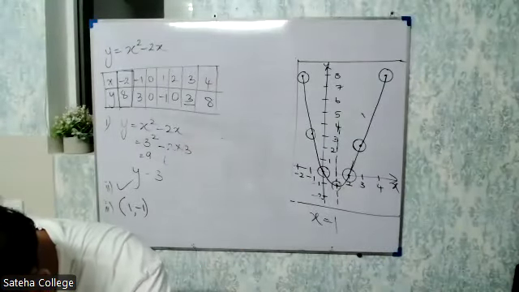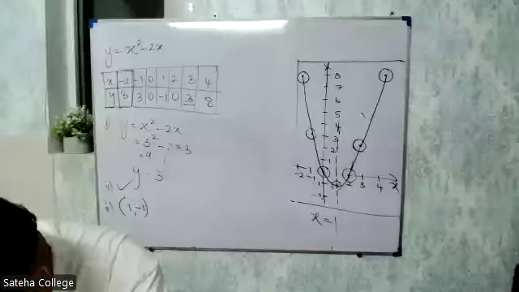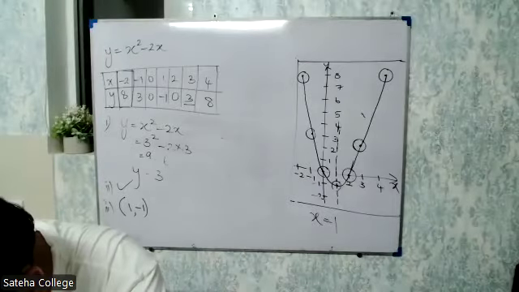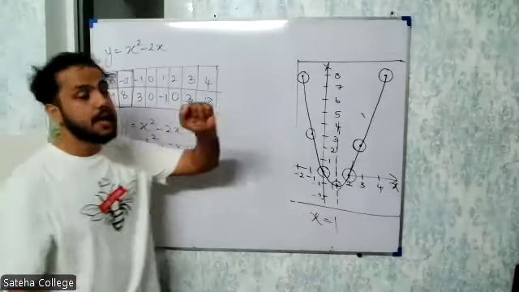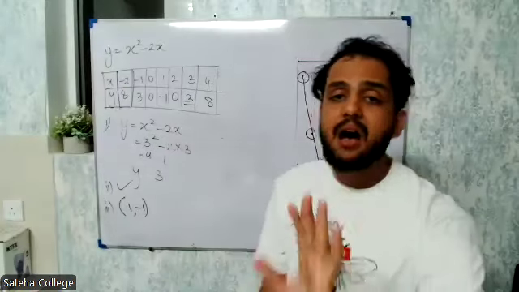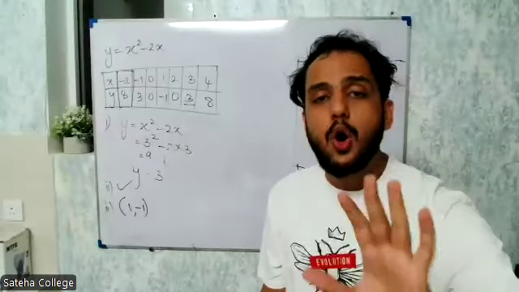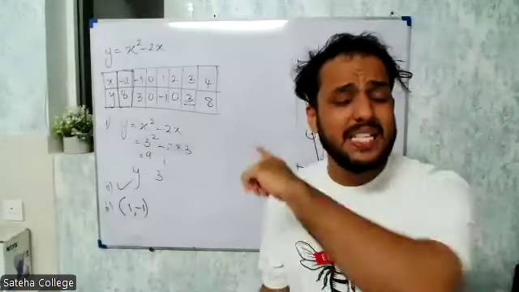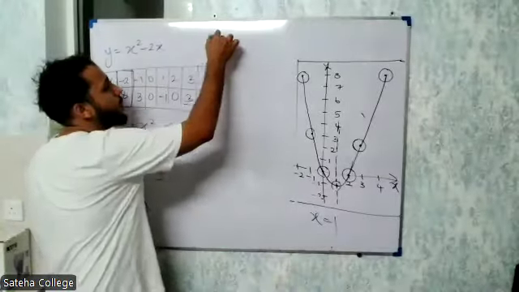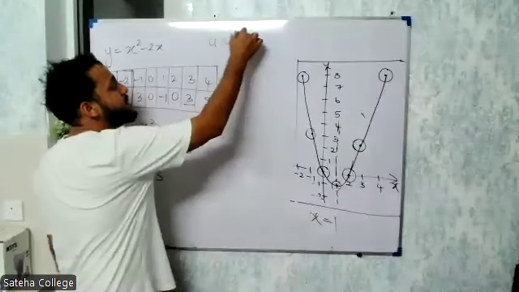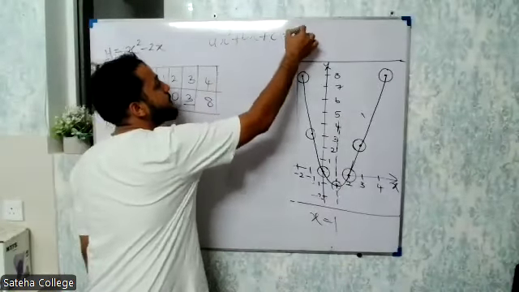Next, express the given quadratic function in the form y is equal to (x minus a) squared plus b, where a and b are two numbers, right guys? Now, the graph is usually drawn from the basic quadratic equation. Just before, we learned what the basic quadratic equation is, that is ax squared plus bx plus c is equal to 0.